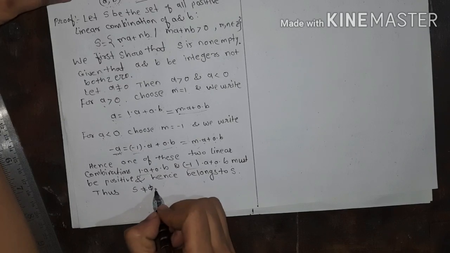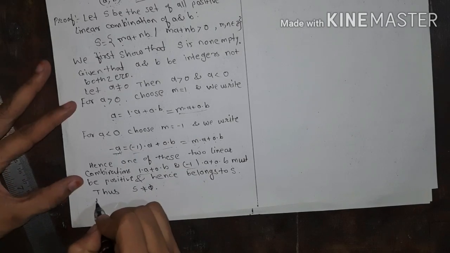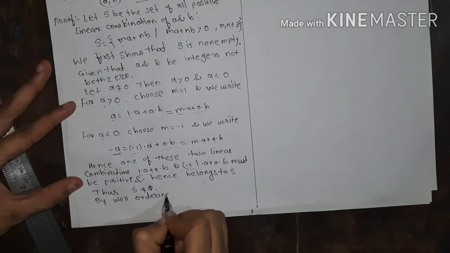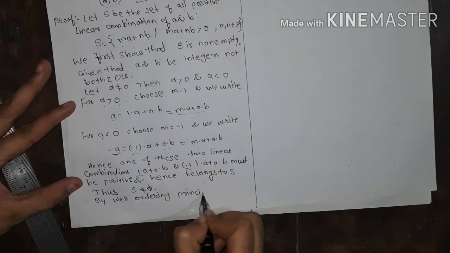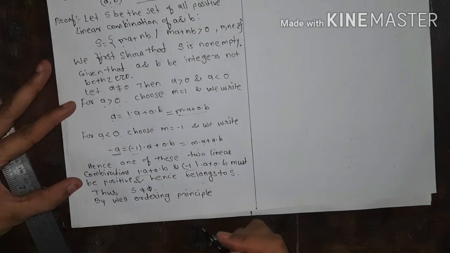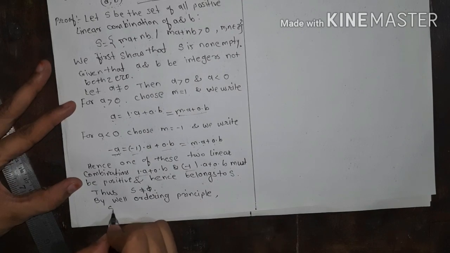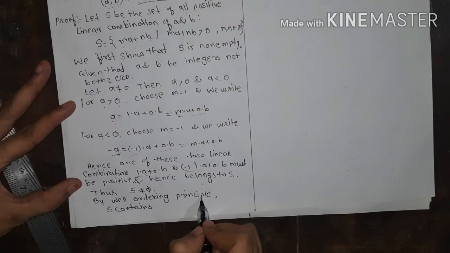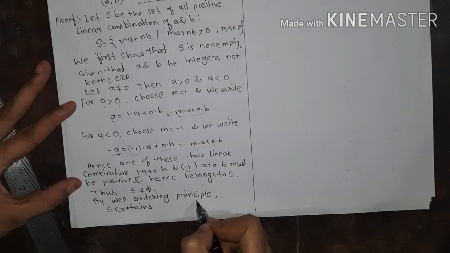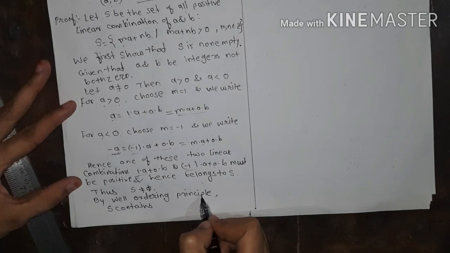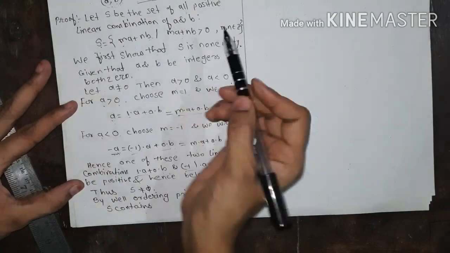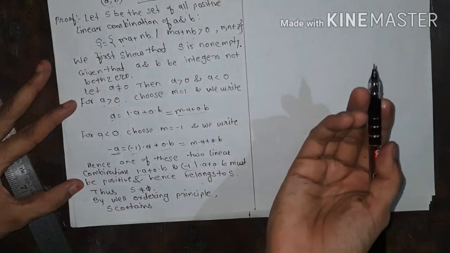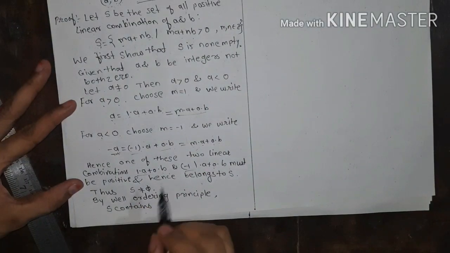S is non-empty, so by the well ordering principle, S contains... What the well ordering principle says: any non-empty subset of natural numbers has a least element. S is a subset of the natural numbers because it contains only positive integers. Therefore S is a subset of N, and therefore S contains a least element.